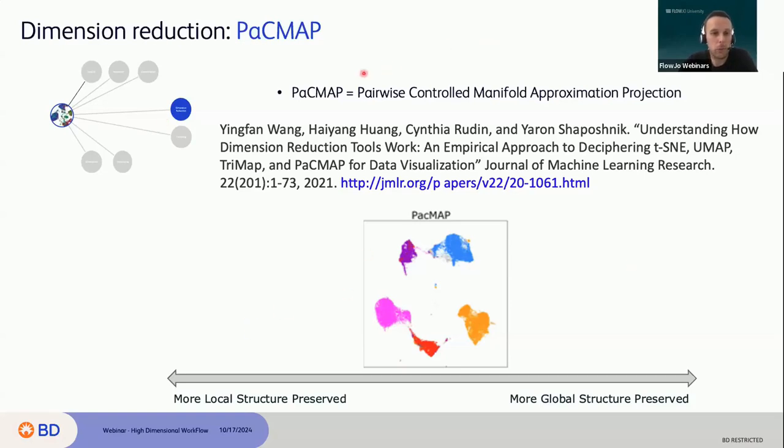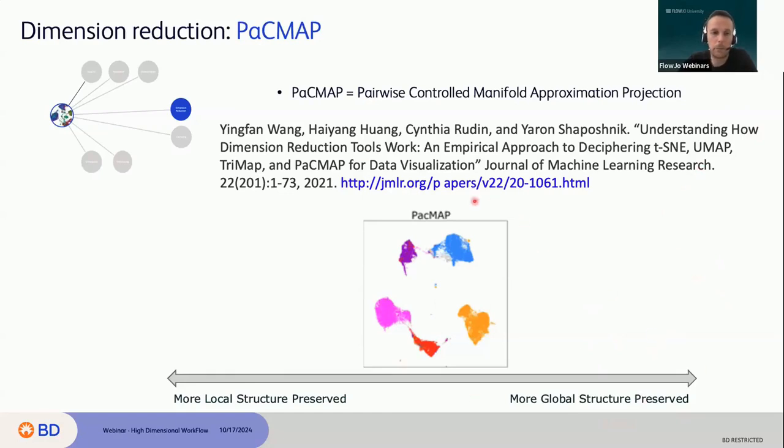All right, so PaCMAP. Why did I pick PaCMAP today and not t-SNE or UMAP, which are usually the most used in the field? It is because PaCMAP claims to be the best of both worlds. Usually when you pick a dimensional reduction, you either pick, for example, t-SNE, which is better at keeping the local structure of your data, or you pick another dimensional reduction which is usually better at keeping the global structure of the data, like, for example, TriMAP.